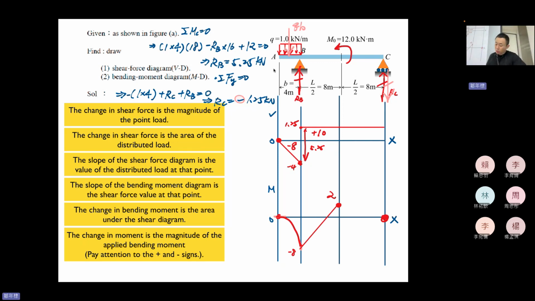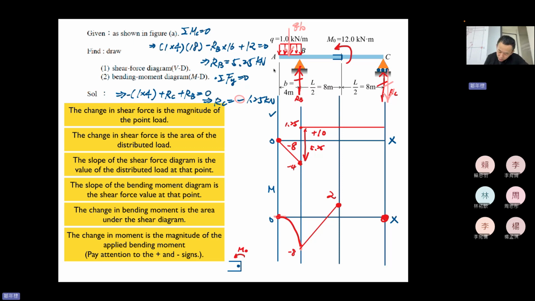Then you notice that it has an external moment. Be careful. Moment here. So let's draw from here to here. Okay, so here is the applied moment.